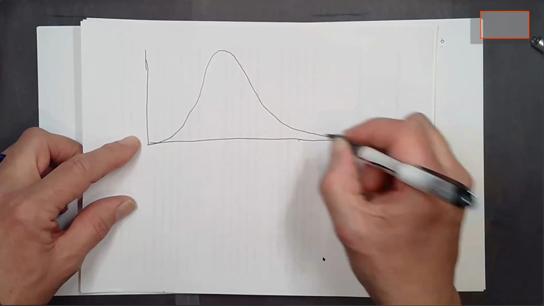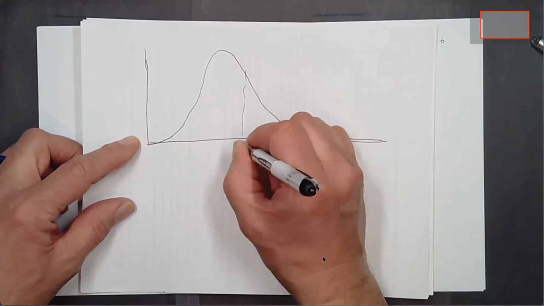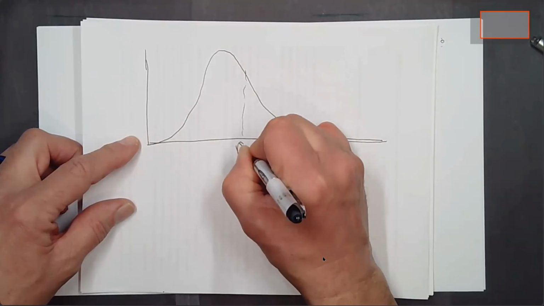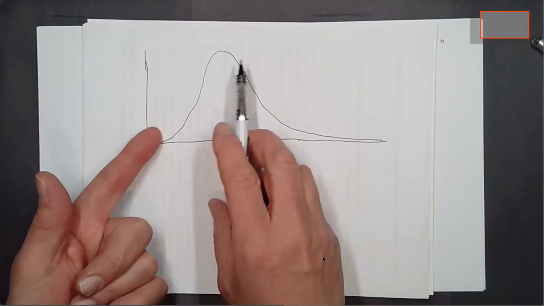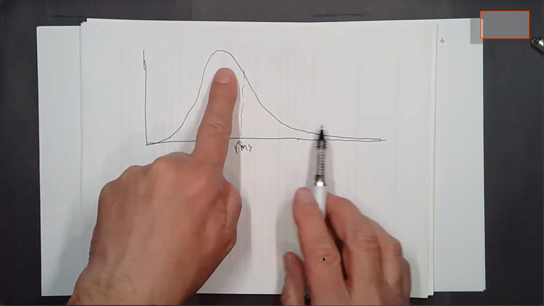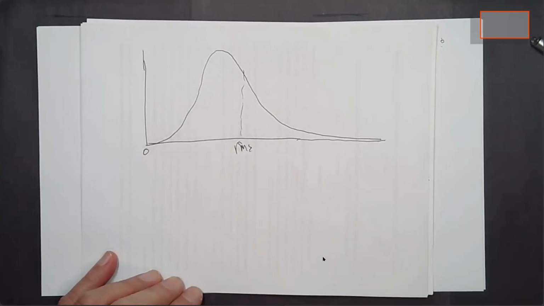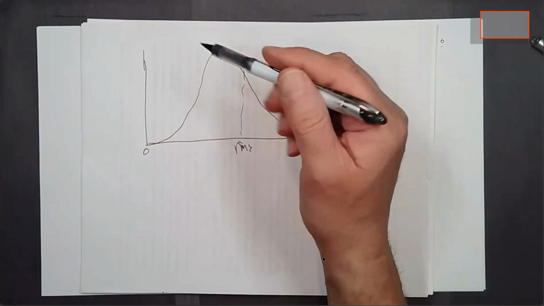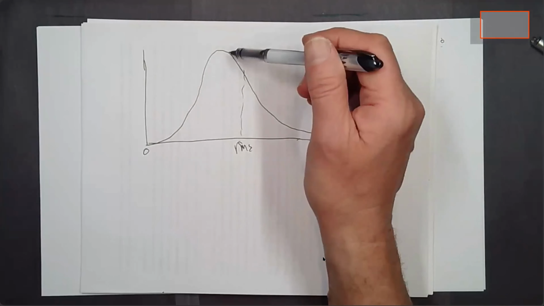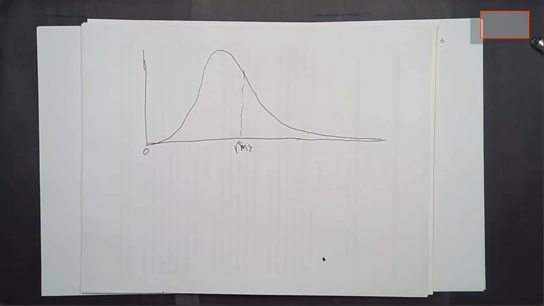The RMS value is out about here, a little ways past the peak because this isn't a symmetric curve. It's got a long tail going off to the right, and zero is down here. The vertical axis is like the fraction of the particles with that speed. And that's what it ends up looking like.